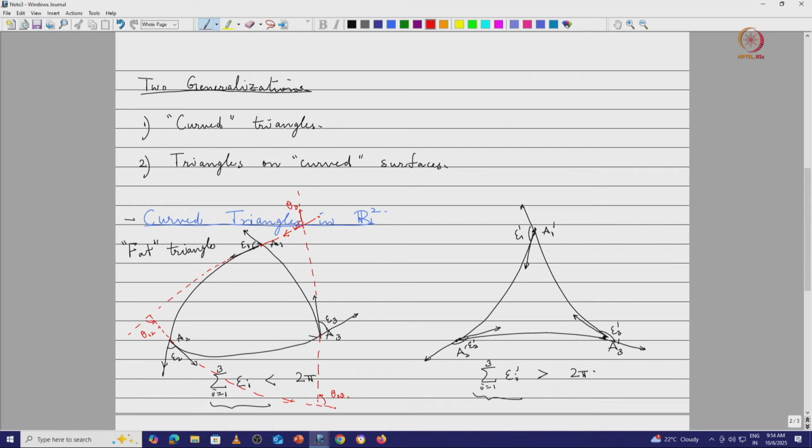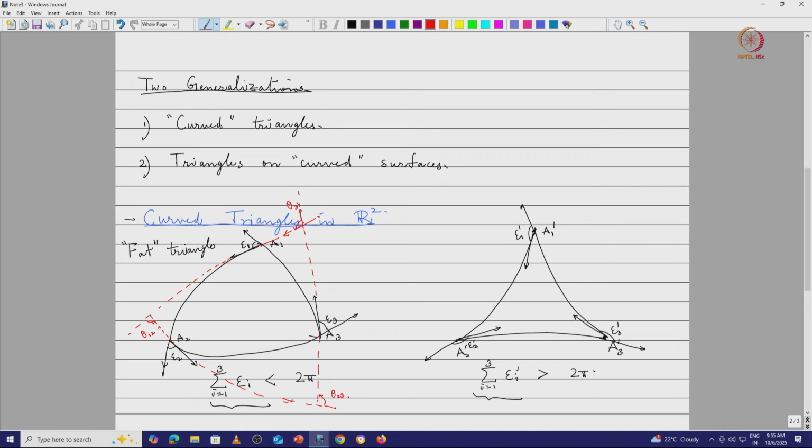Okay, so I'll denote this by theta 3 1. So in each case you notice that the tangent vector is always turning in an anti-clockwise direction. So whenever my tangent vector turns in an anti-clockwise direction, I keep the sign of the change of angle as positive.